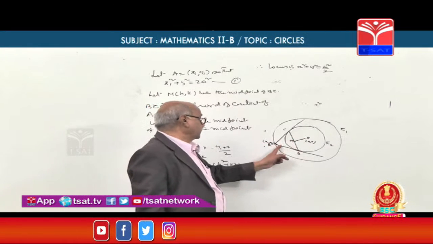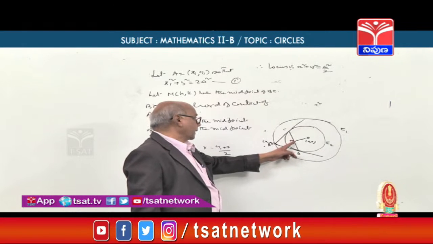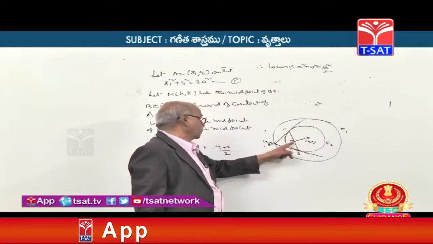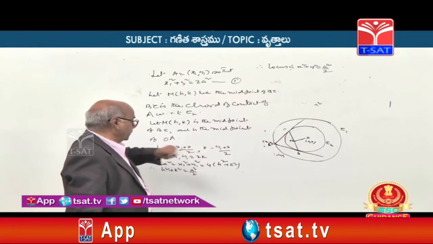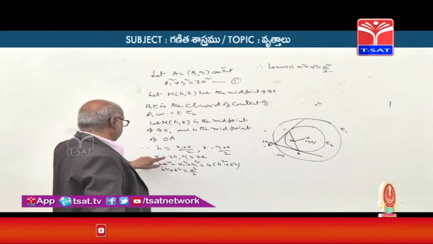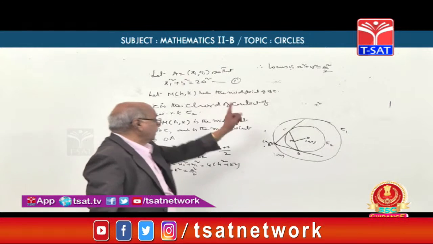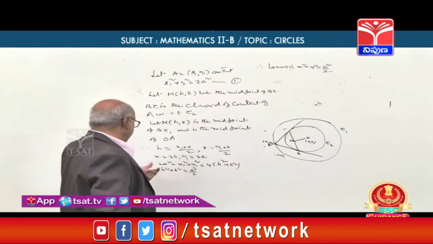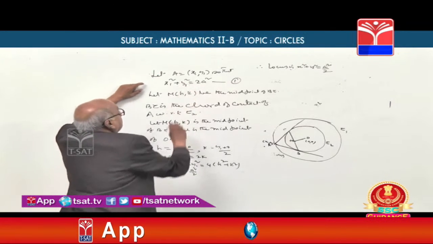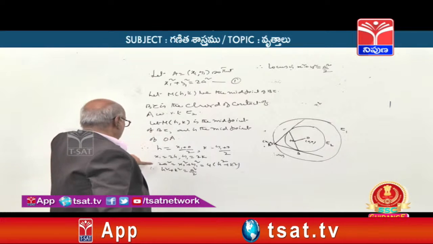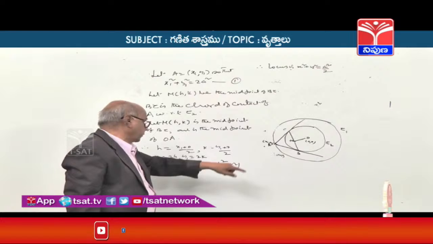So, supposing that M is (h, k), M is the midpoint of OA. So, therefore, h is equal to (x1 plus 0) by 2 and k is equal to (y1 plus 0) by 2. But that is x1 is 2h and y1 is equal to 2k. But you are given that x1, y1 is lying on the outer circle, x1 square plus y1 square is equal to 2a square, which you have already mentioned as number 1. So, 2a square is equal to x1 square plus y1 square, but that is 4 into h square plus k square.